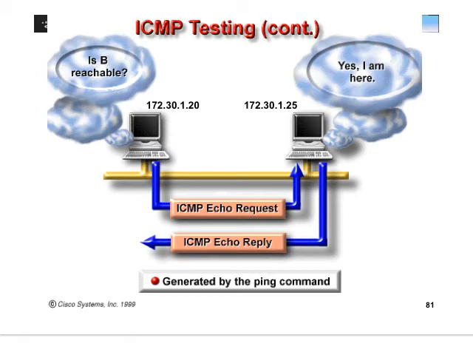In that case, the code field will have 0. 0 means okay, everything is fine. If the code has anything other than 0, this means that there is a problem, and in that case, the number of the code identifies what the error is, whether it's protocol unreachable, network unreachable, and so on. Okay?